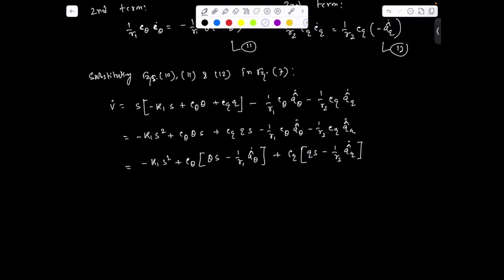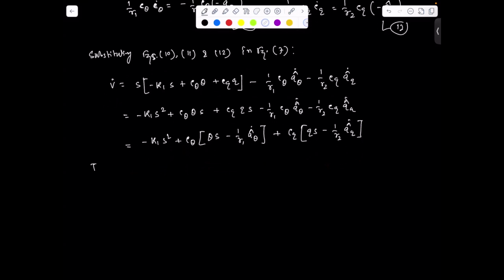Yeah, so now we have some simplified form. Now, anyways, the first term is always negative definite. So now we'll manipulate here in such a way that V dot is negative semi-definite.